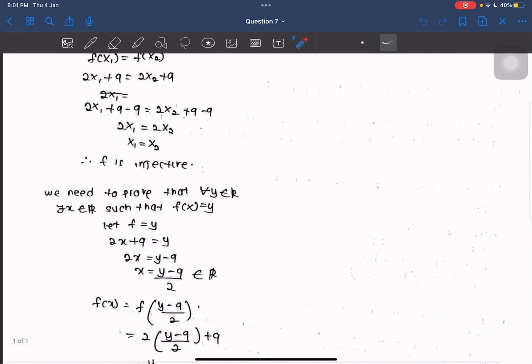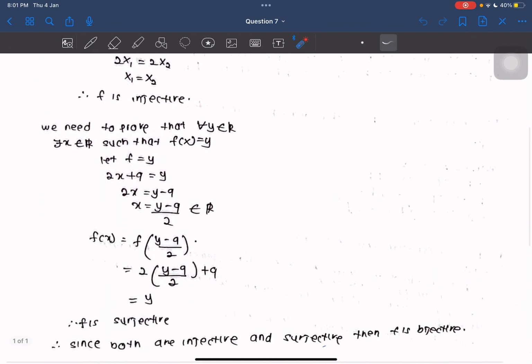Second, we need to find whether the function is surjective, where we need to prove that for all y in the real numbers, there exists some x in the real numbers such that f(x) is equal to y. So firstly, we let f(x) equal y. We just substitute the f(x) with y, so it will become like this. And then let x be the subject.